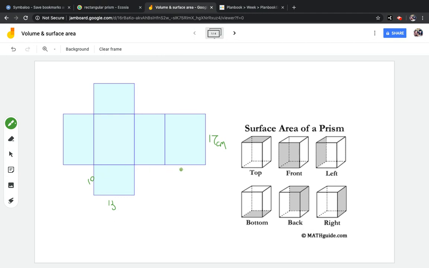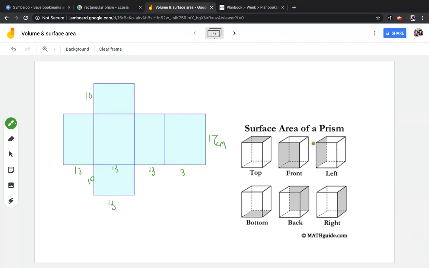So this is 13, this is 13, this is 13, this is 13. Okay, same thing on the other side. This would be 10, and the rest would be 13. Now, this looks really complicated. If you don't want to do it this way, that's totally fine. You don't need to unravel it into a net.